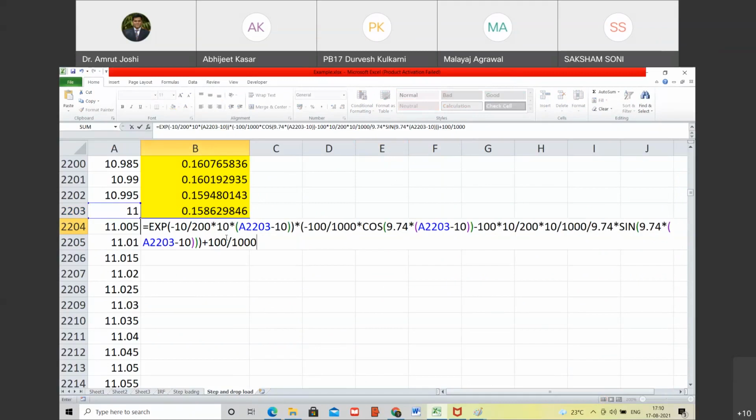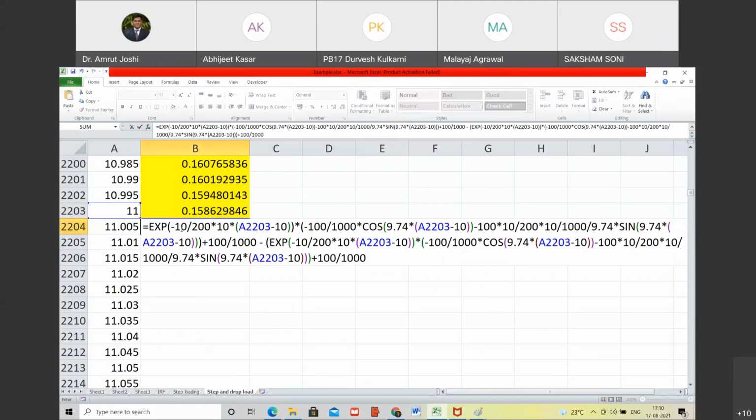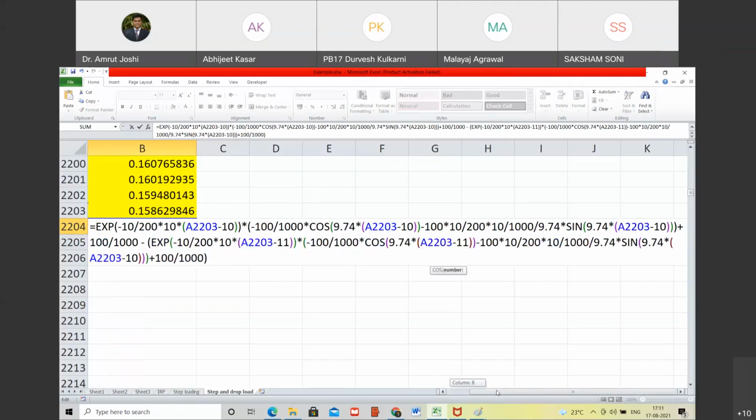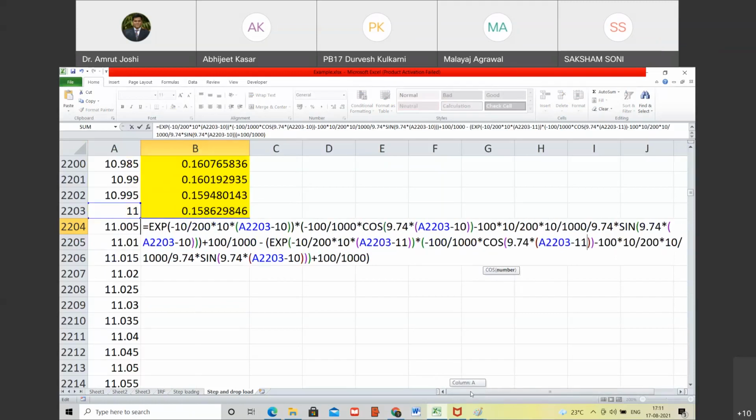This expression remains as it is. इसमें से minus करना है, and I am going to copy the same expression again, and I am going to complete the bracket. But everywhere, instead of 10, I am now going to write down 11 because 11 is the value of T2. So in the second expression, I have to replace this by 11. So wherever there is T minus T1, I am going to replace it by 11. I am going to replace 10 by 11.